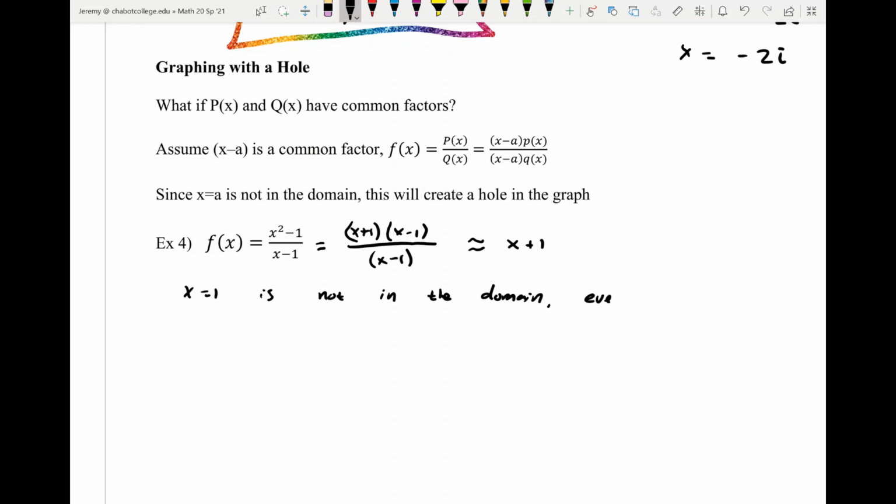Even though the factor x minus 1 is common to the numerator p of x and the denominator q of x.